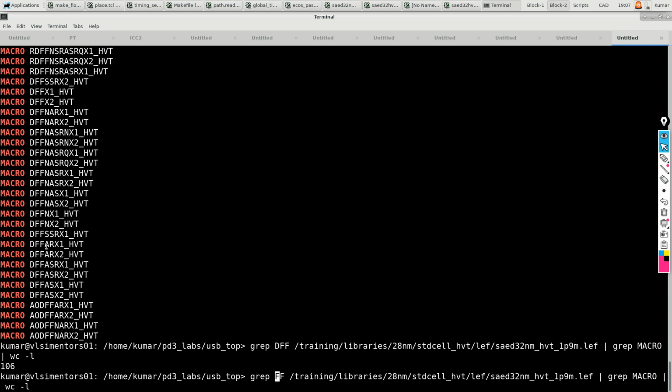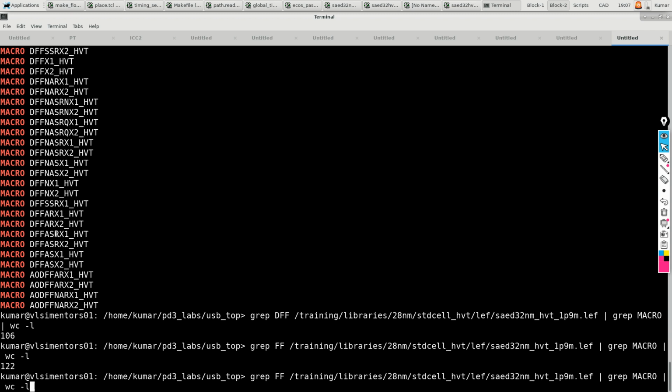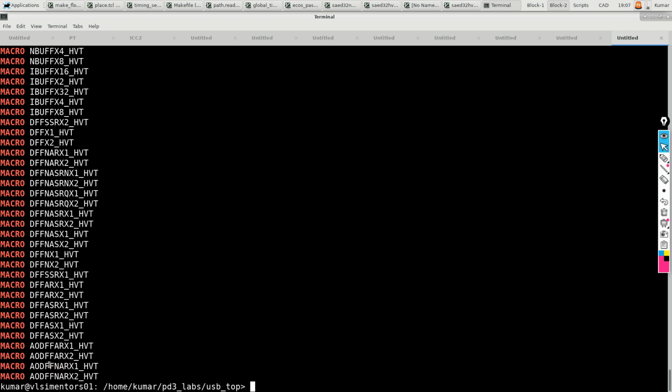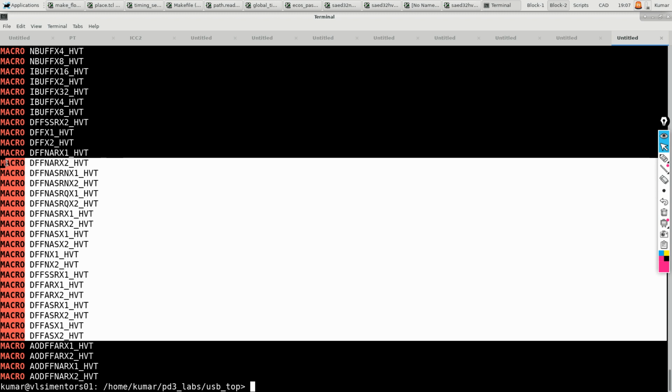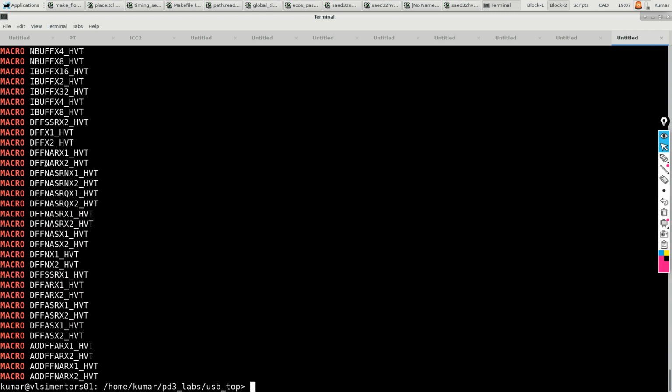I just grep using FF, and you have 100 plus entries. Now look at DFFs, DFF, and then what is the meaning of NAR. Some of these have a negative edge and some will have only others.